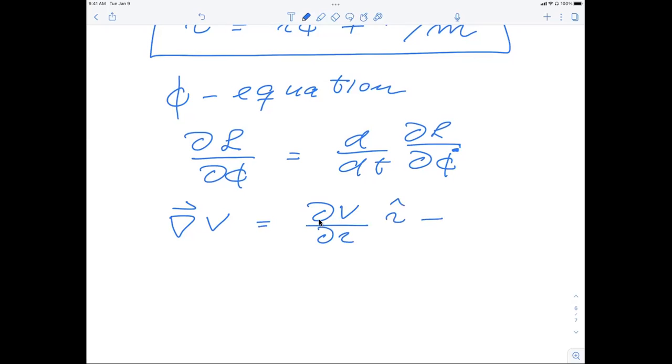And then when we look at the transformation from Cartesian to polar coordinates, what we have is 1 over r of dV of d phi multiplied with the unit vector in the phi direction. So this is a corresponding thing which we would have if we were dealing with this in Cartesian coordinates. That's a transformation of a gradient from Cartesian to polar coordinates. I guess you've seen something like that before.